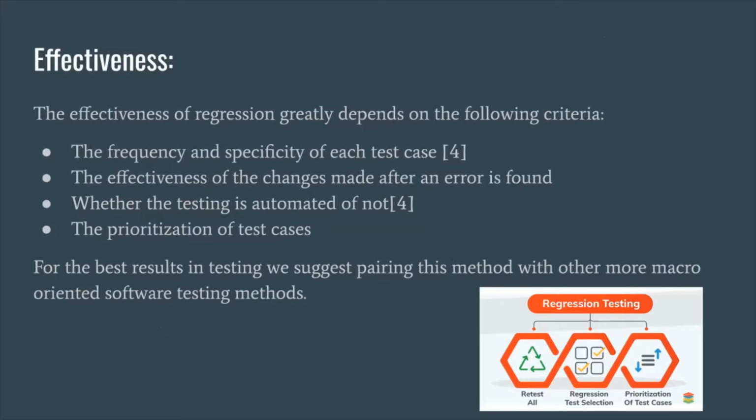The effectiveness of regression testing greatly depends on the following criteria: the frequency and specificity of each test case, the effectiveness of the changes made after an error is found, whether the testing is automated or not, and the prioritization of test cases.